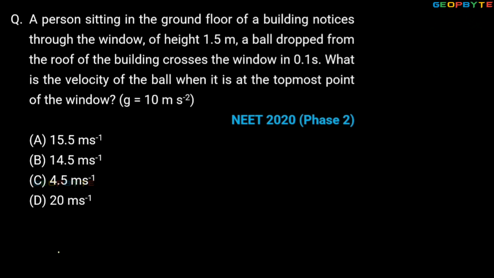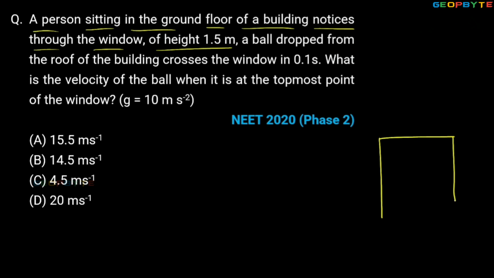It is asking like this: a person sitting on the ground floor of a building notices through the window of height 1.5 meters. Let this be the window. It is given that the height of the window is 1.5 meters. A ball dropped from the roof of the building crosses the window in 0.1 seconds.